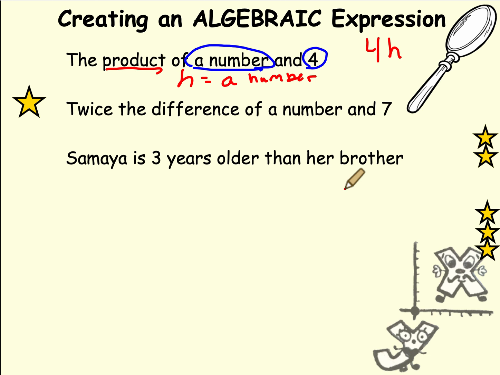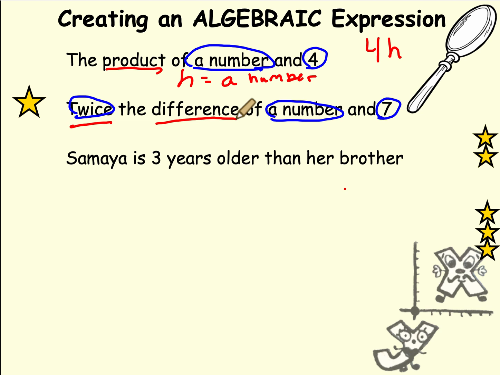Okay, so now we have twice the difference of a number and 7. So the numbers are 7, a number, and you see another one? Twice. The word twice also is a math operation, and so is difference.